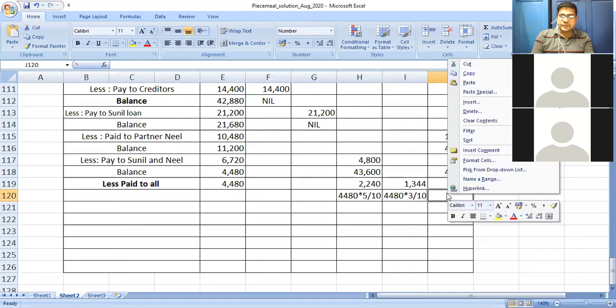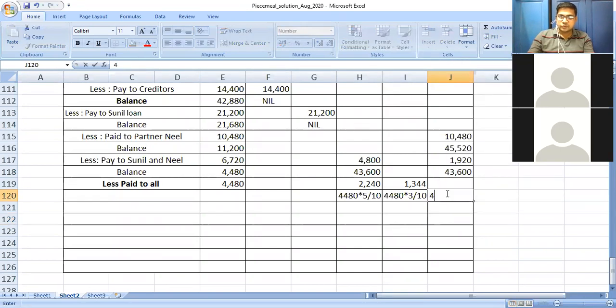And Nil's value we have to find out: 4,480 into 2 divided by 10, the value will be 896.